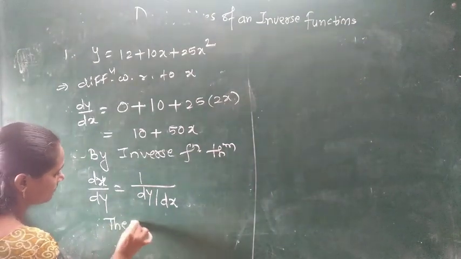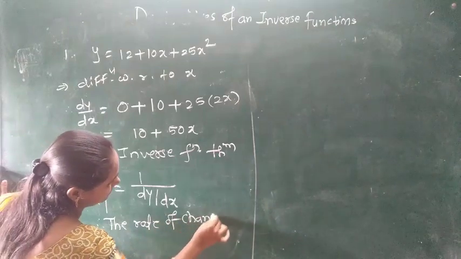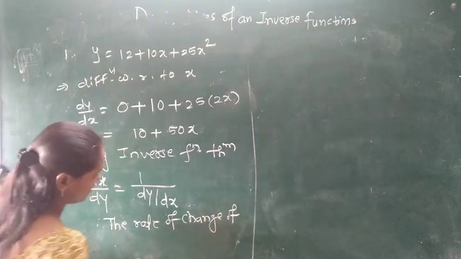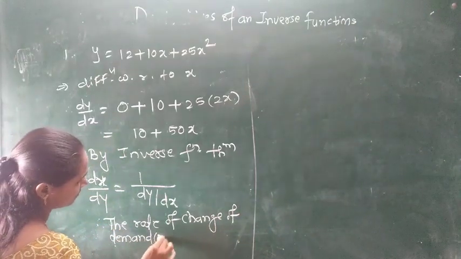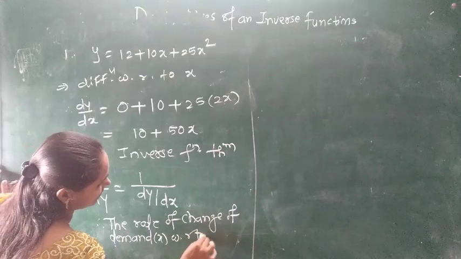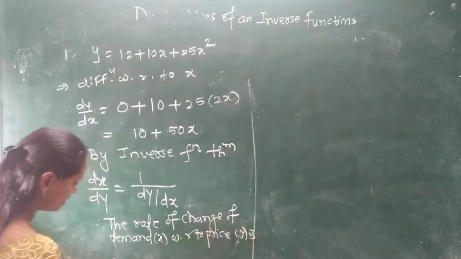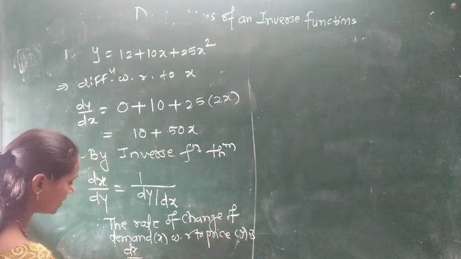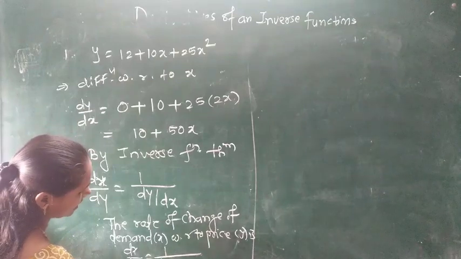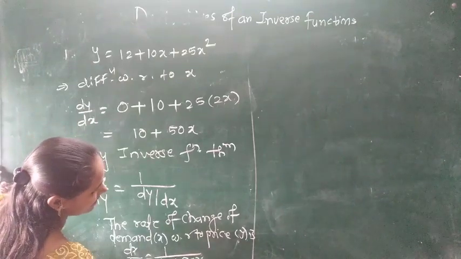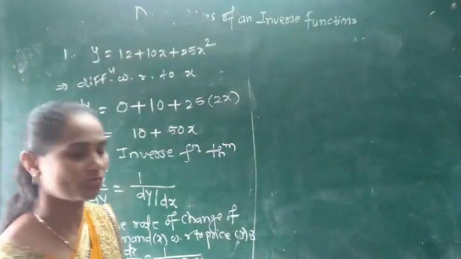Therefore, the rate of change of demand x with respect to price y is what? Dx upon dy is equal to 1 upon 10 plus 50x. That is the rate of change of demand with respect to price y.